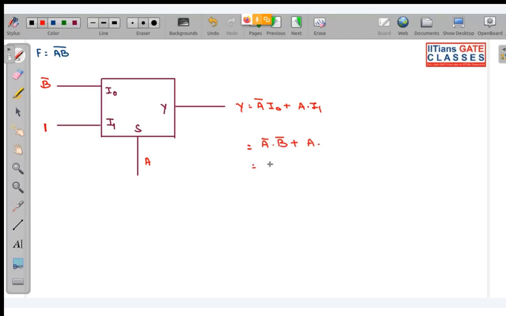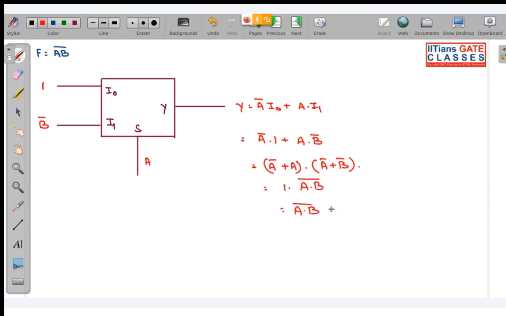So this will be A complement dot 1 plus A dot B complement. Now solve this using the distributive property: A complement plus A, complement plus B complement. So this will be 1 dot A dot B whole complement, or this is A dot B whole complement. So 1 B complement is your correct answer.